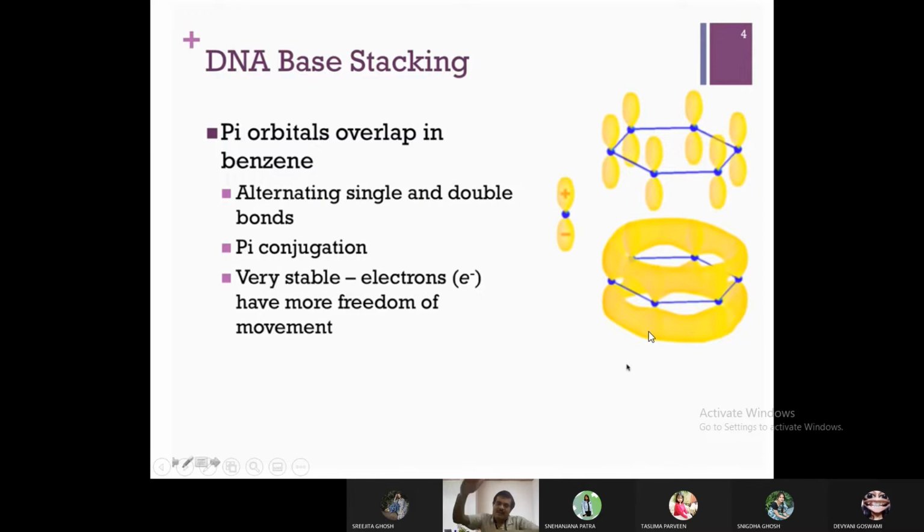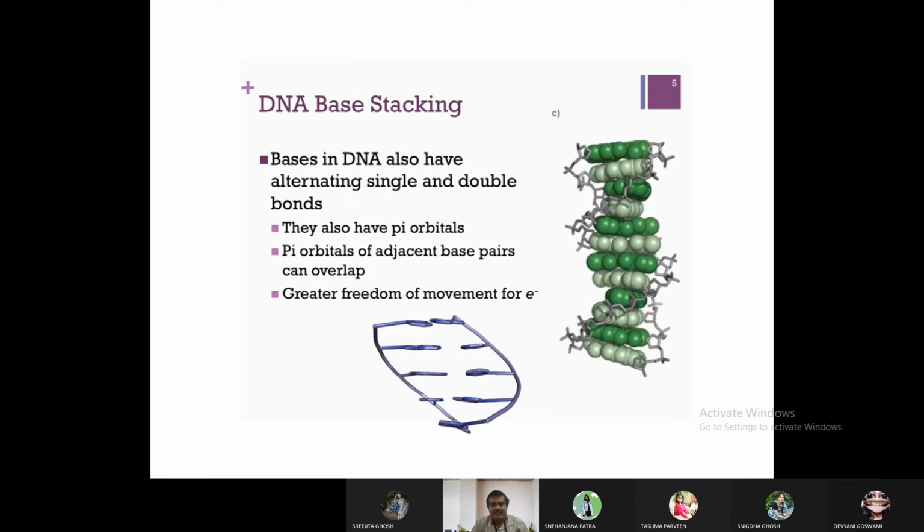So when one base comes and sits over the other, the pi electron of one base can enjoy the pi electron area of the base sitting above it, and that gives stabilization. This stabilization we call DNA base stacking.